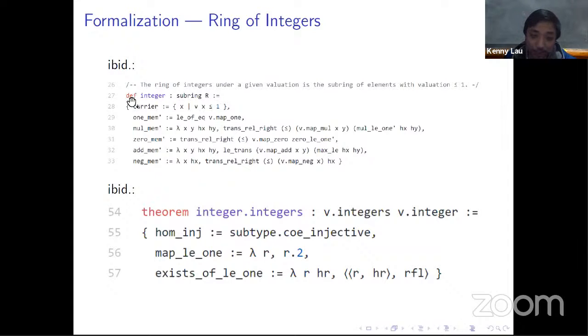So we need to build the canonical construction, the subring, the subtype of things of norm at most 1. And then after that, we want to show that this construction satisfies this characteristic predicate. So this is the whole thing for the theory of characteristic predicates to work.